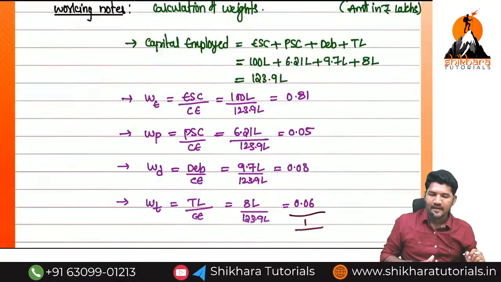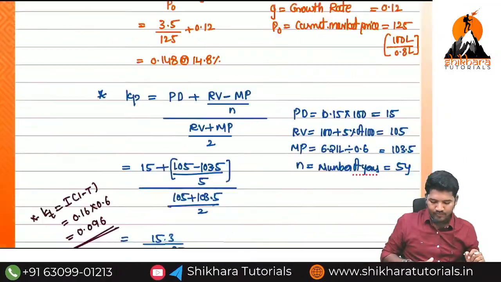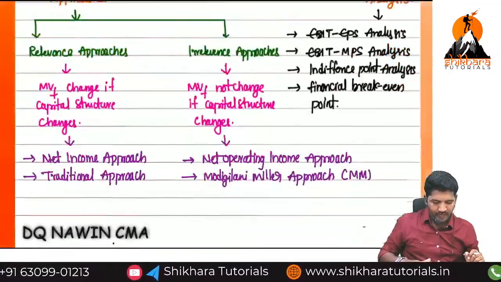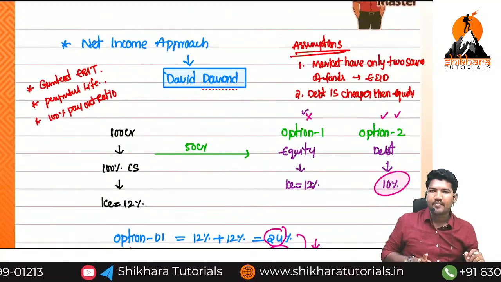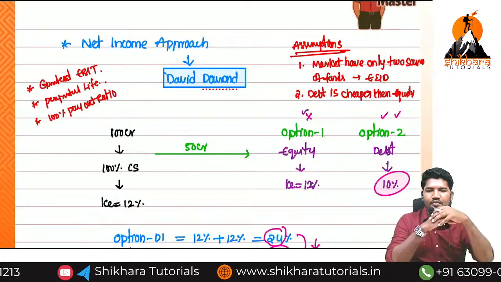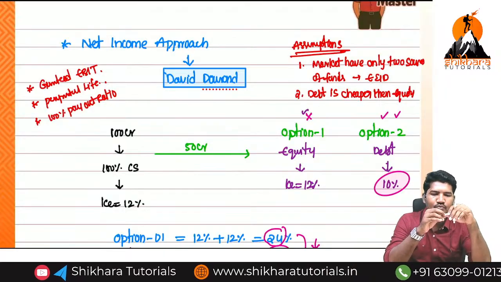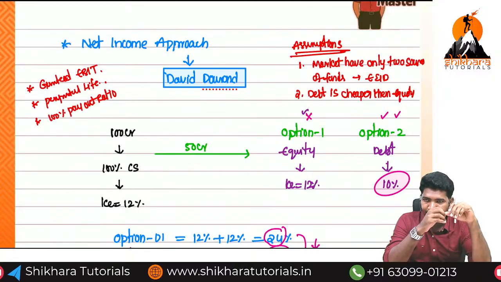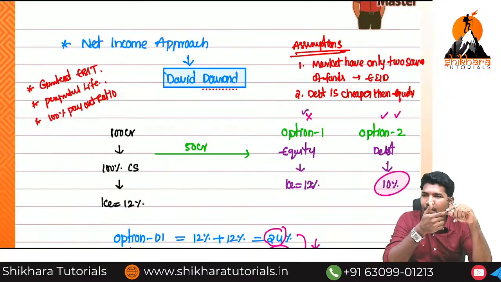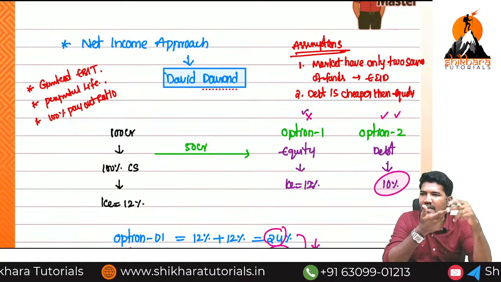Now, when it comes to capital structure, in the previous class we already completed the net income approach. Before the net income approach, we have to follow the assumptions. What are the assumptions we have? The market has only 2 sources of funds, equity and debt.